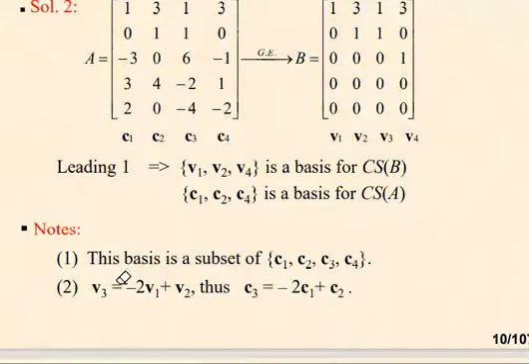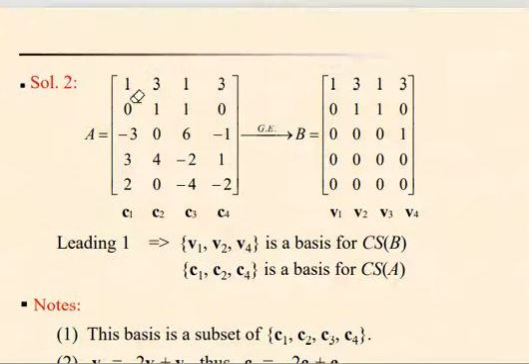But if you want to find a basis which is a subset of all these columns, don't transpose this, just reduce this one itself to the echelon form, then analyze this matrix. So you cannot write V4 in terms of V3 and V1, or V2 and V1.